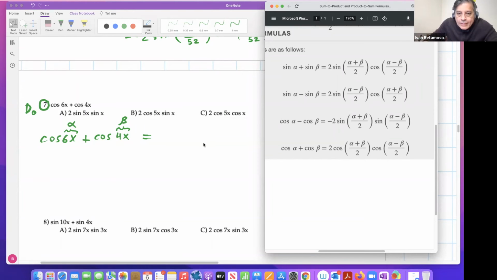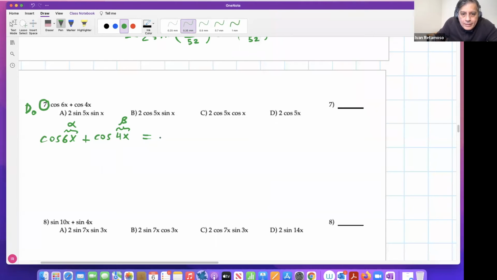All right, let's do it together. Okay, so clearly we have to use the last formula, right? Because it's cosine of an angle plus cosine of another angle, right? So let's use the last formula: 2 times cosine of the semi-sum multiplied by cosine of the semi-difference. All right, let's do it.